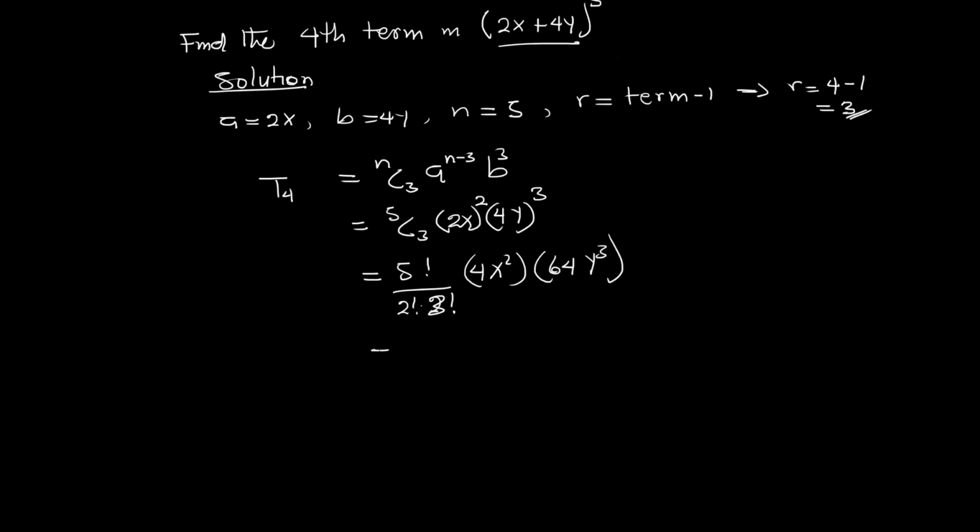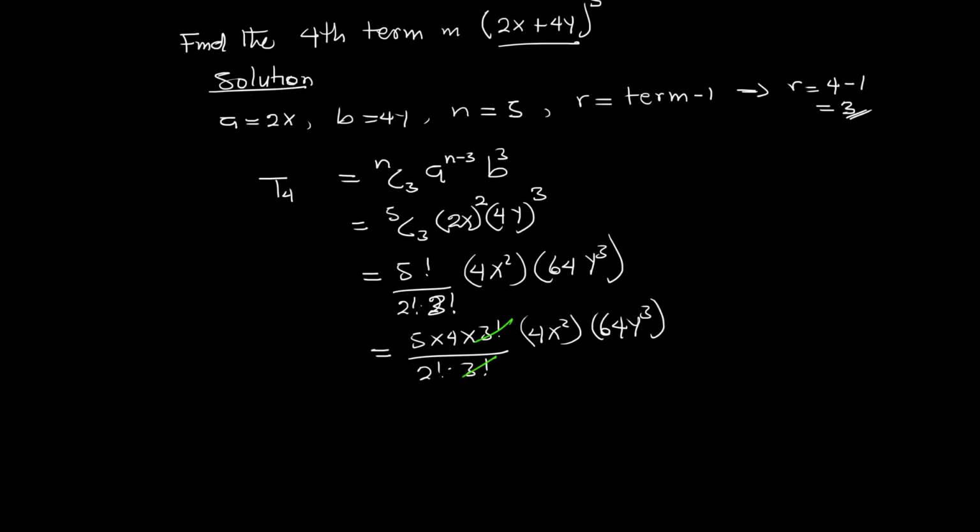Okay, so on evaluating, we get 5 times 4 times 3 factorial over 2 factorial times 3 factorial, times 4 times 4x squared times 64y cubed.